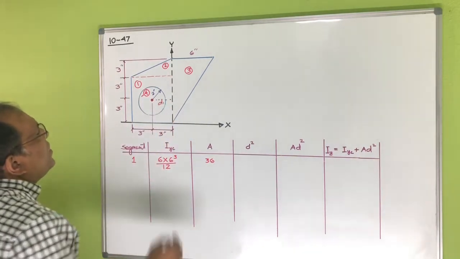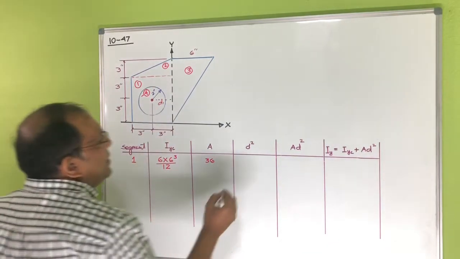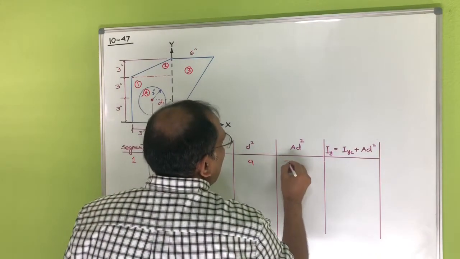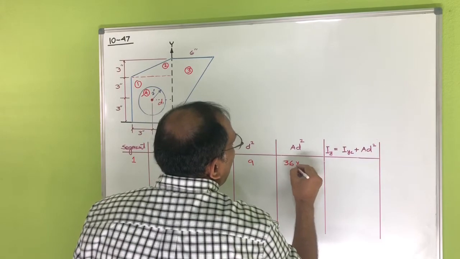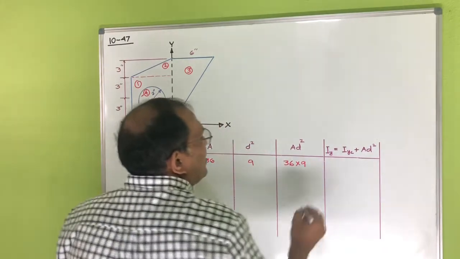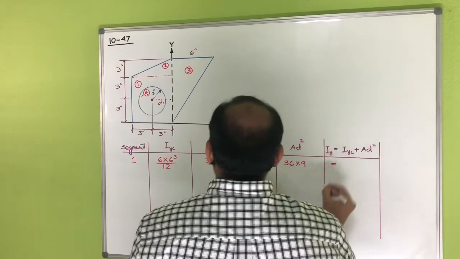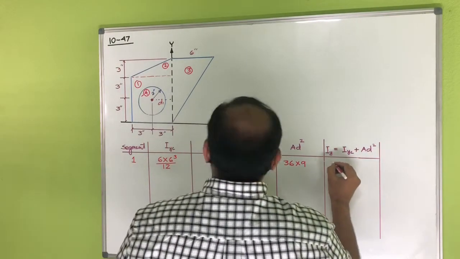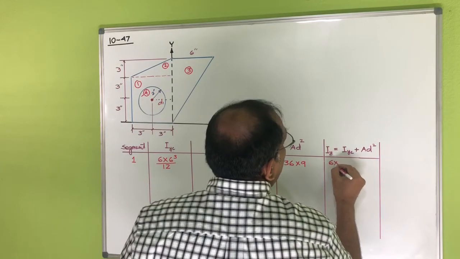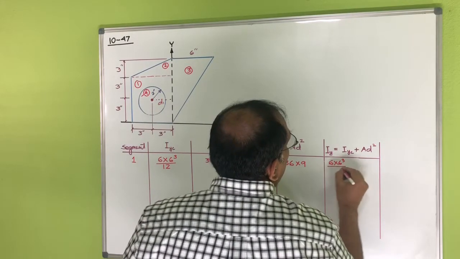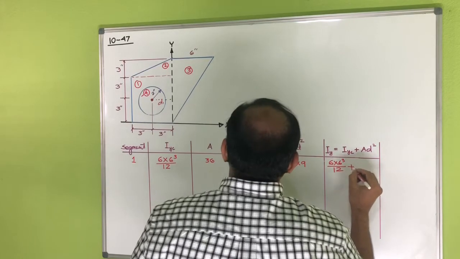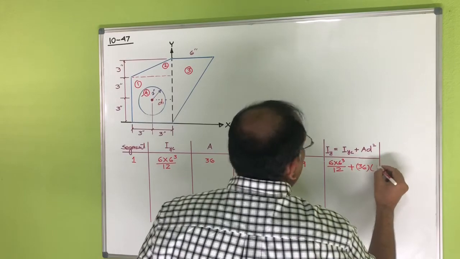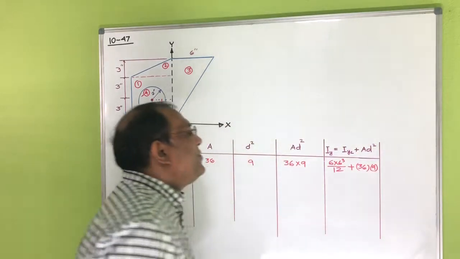Okay, you can see that's 3, so that's 9. So AD squared is 36 into 9.